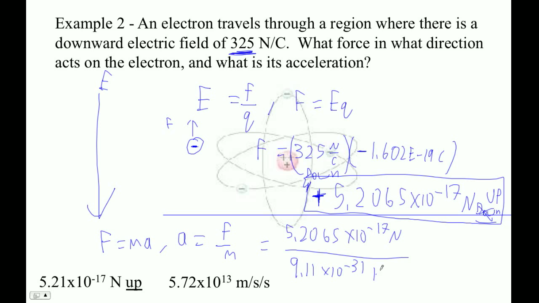This is all in the data packet. If I divide that by 9.11 E minus 31, that's another thing worth memorizing, I get a tremendous acceleration, roughly 5.72 times 10 to the 13th meters per second squared.